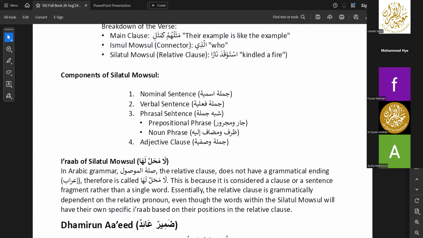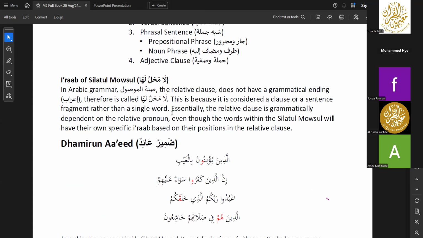Very good. Then we have the adjective clause, jumla wasafiyya, jumlatu sifa. A clause, not a sentence.